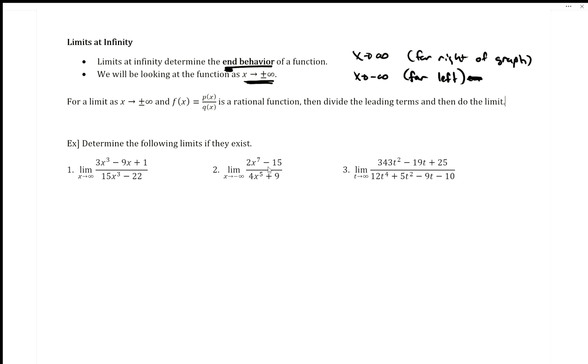Anyway, all we have to do in these problems is we would have rational functions. We have these special ones here. And again, we could always use a calculator, or at least double check with a calculator. But when a limit's going to plus or minus infinity, these are very special cases. All we have to do is divide the leading terms and then do the limit. These are all special cases because they're all going to an infinity or a negative infinity.